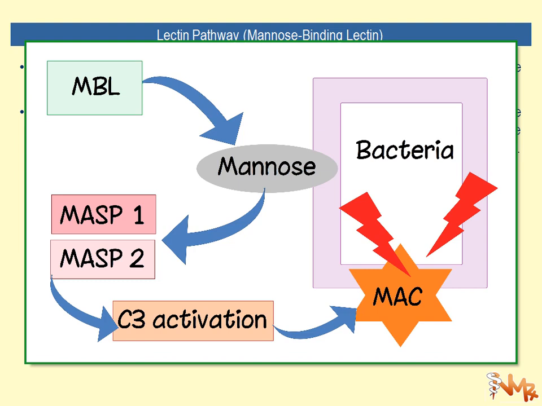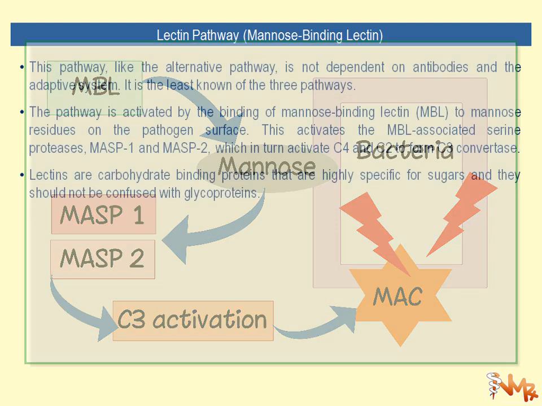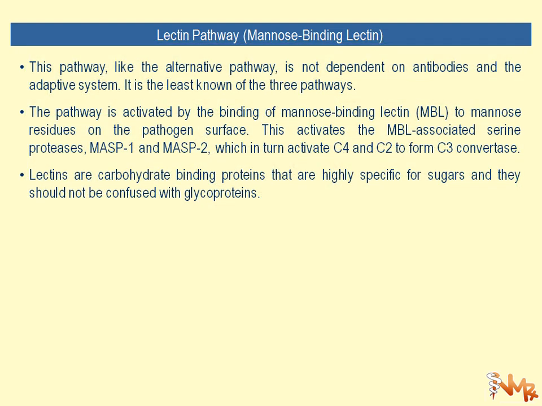So as you can tell, so far we have identified two of these proteases, MASP1 and 2, which in turn activate C4 and C2 to form the C3 convertase. Lectins are carbohydrate binding proteins. They are highly specific for sugars, and they should not be confused with glycoproteins.